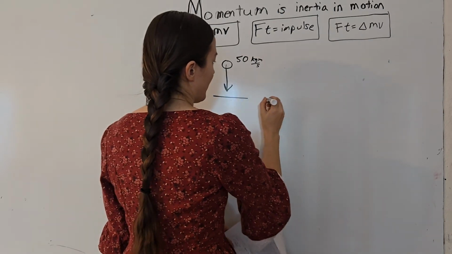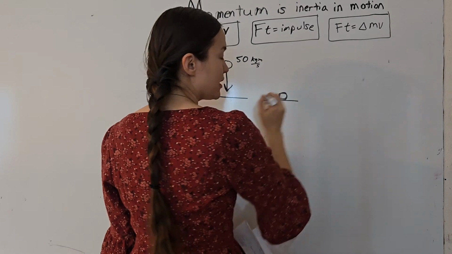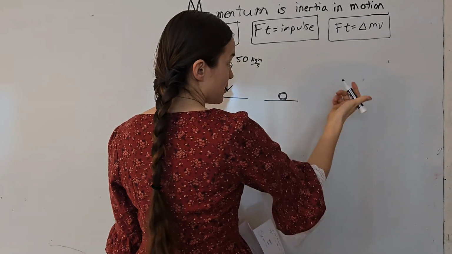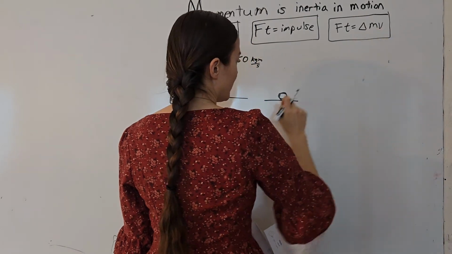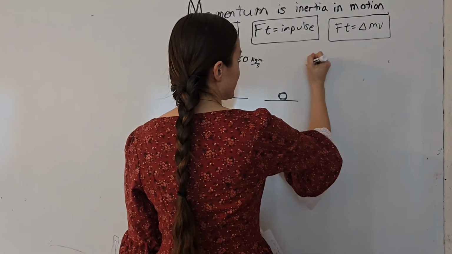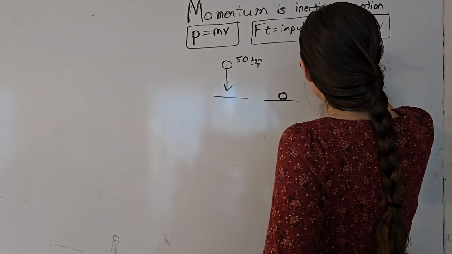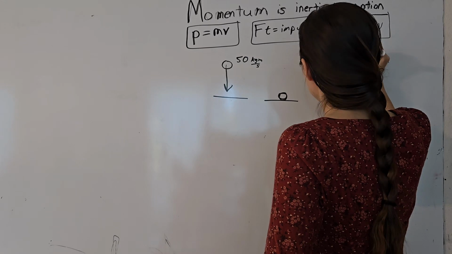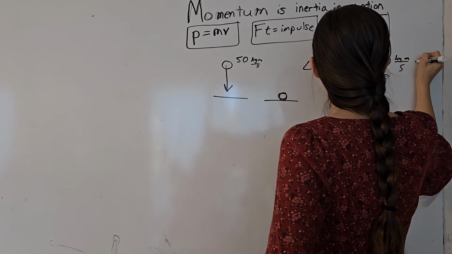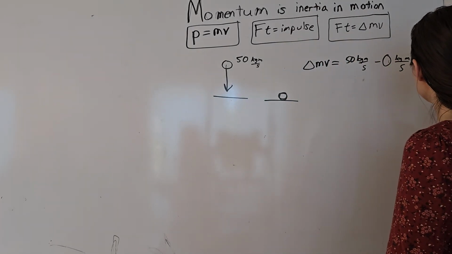Bam. What's its momentum now? Momentum is 0 because its velocity is 0. Yep, this is the non-bouncing ball. So what has the change in momentum been for this guy? The change in momentum has been 50 kilogram meters per second minus 0 kilogram meters per second. So overall, the change in momentum for this guy is 50 kilogram meters per second.